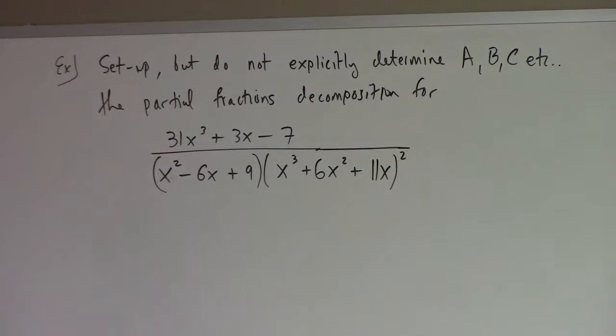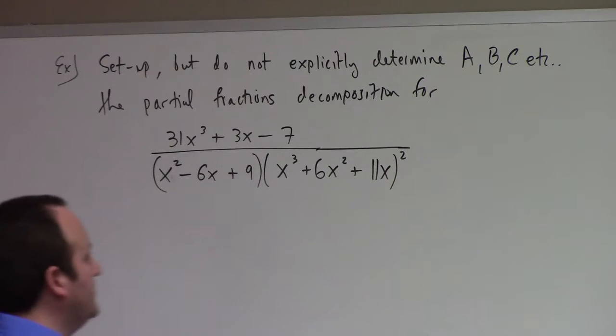I certainly don't want you to actually find the A, B, C. I just want you to set it up, right? So there's still some algebraic work to do here.